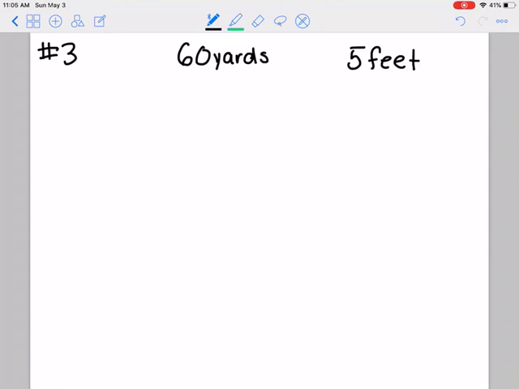So we have to convert 60 yards to feet. So that's step number 1, is to convert 60 yards to feet. And we're going to do this by doing 60 times 3, because there's 3 feet in every yard. So this would give us 180. So she has 180 feet of string. That was our first step.